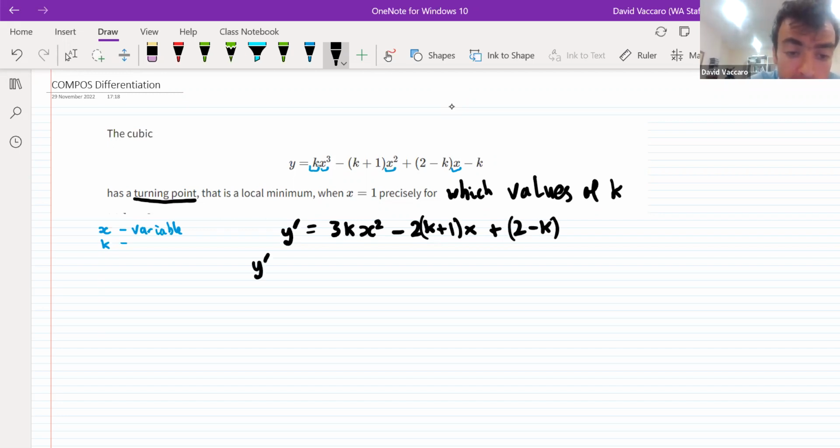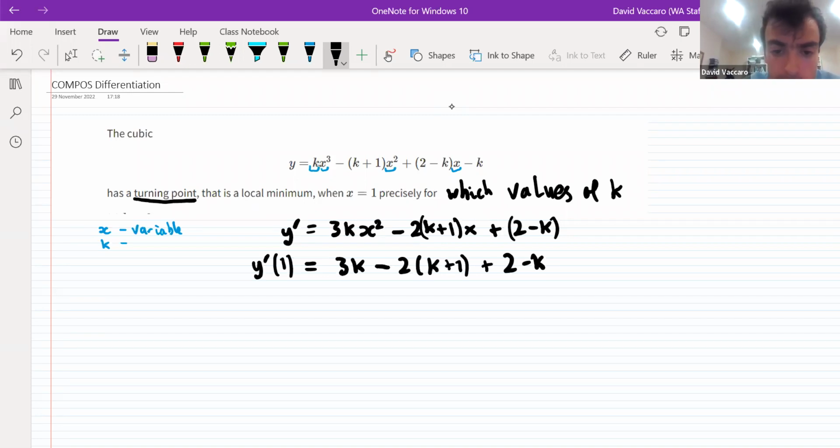So y dash of 1 is equal to 3k minus 2 times (k plus 1) plus 2 minus k.